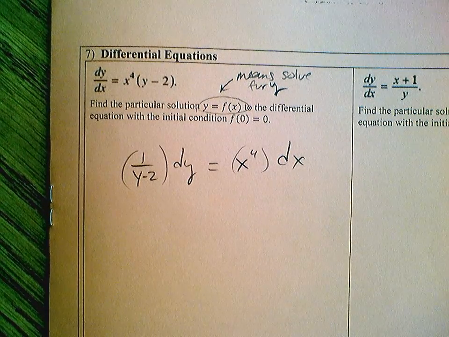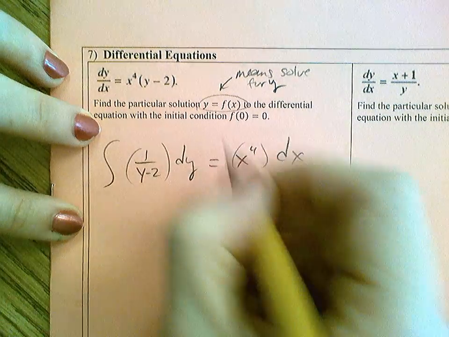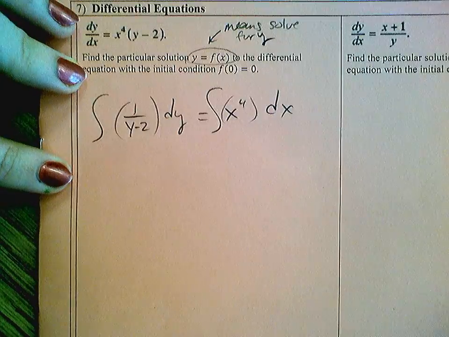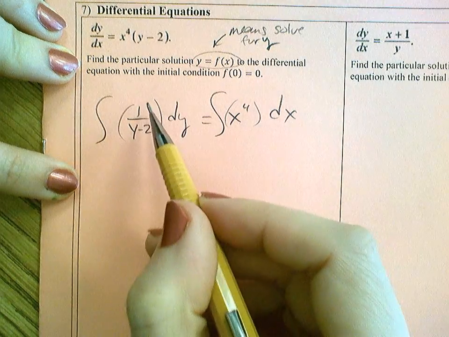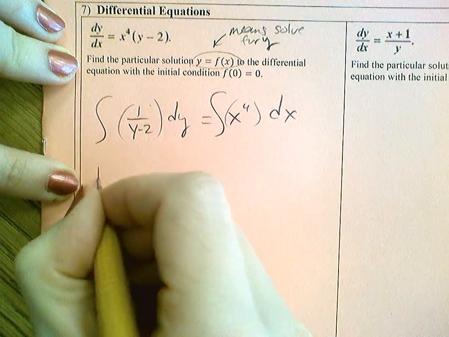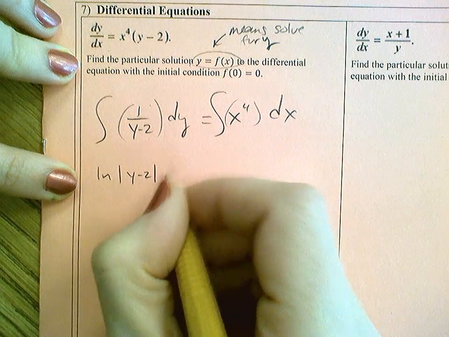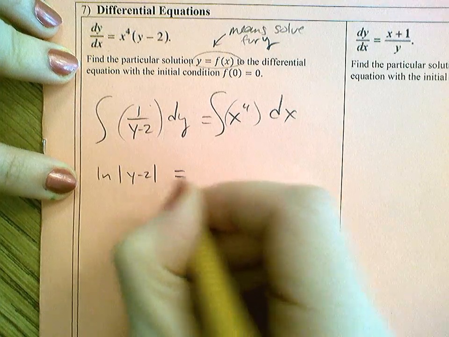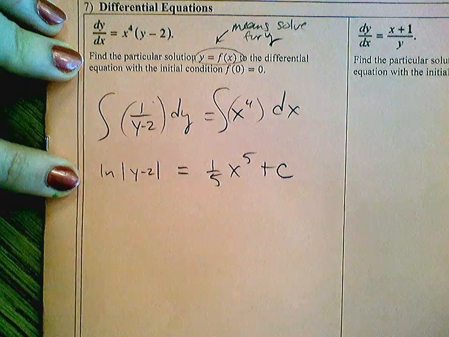All right, so here I have separated the variables. Then you take the antiderivative, so you put in the squigglies. The antiderivative of this is f prime over f, so it's just the natural log of the denominator, equals this is a 5th, x to the 5th plus c.